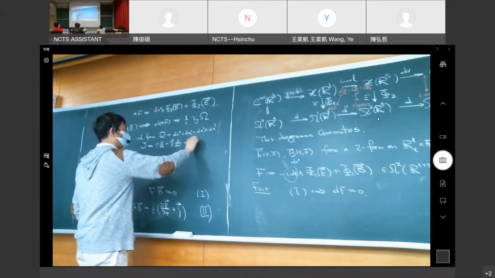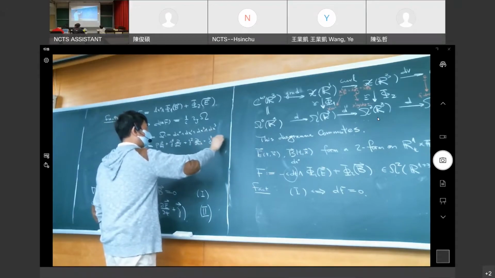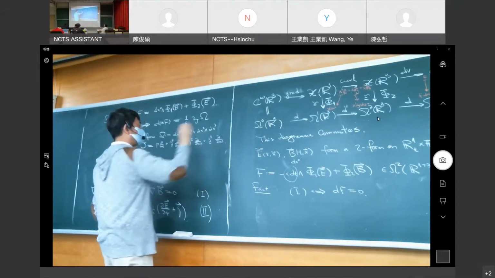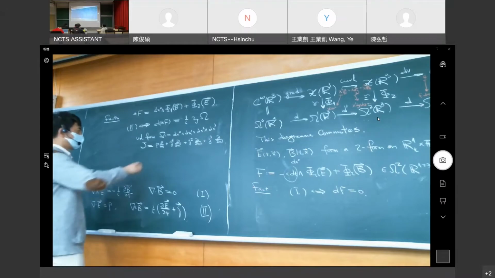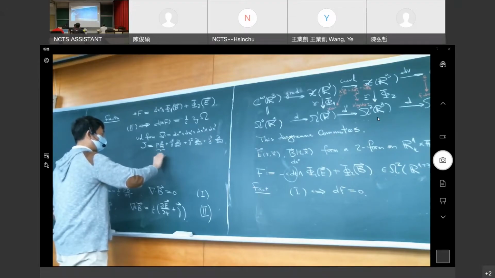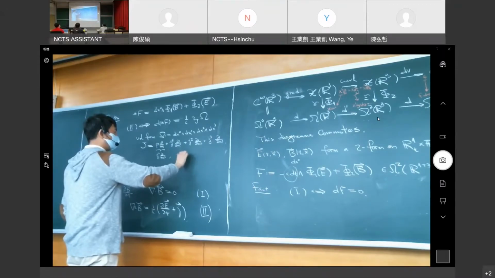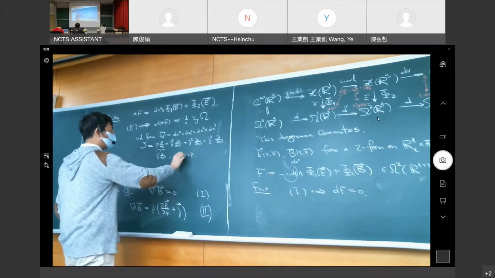So I write down the 3 components in a differential geometric way. It has 3 components, but this first part can also be regarded as J0 ddx0, where J0 is defined as C rho.